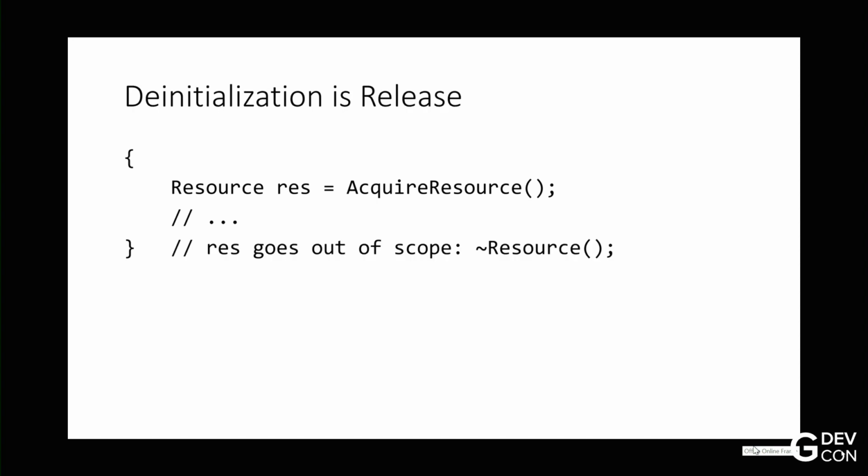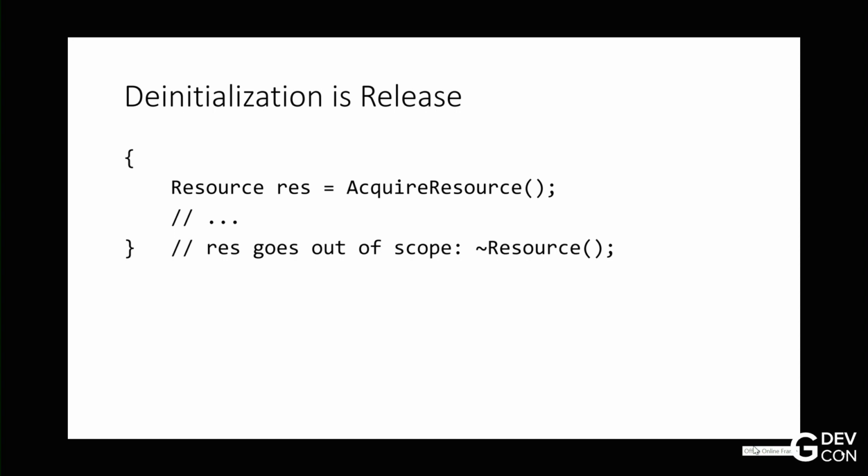But the other half of this is that when the variable that you initialized goes out of scope, the compiler will automatically insert a call to something like a destructor, something associated with that type that frees up the resource. This is how you start to get around the problem of leaks, by letting the compiler take care of it for you: anything you declare within the scope of a function, once that function or scope ends, we're just going to automatically free whatever you were using.